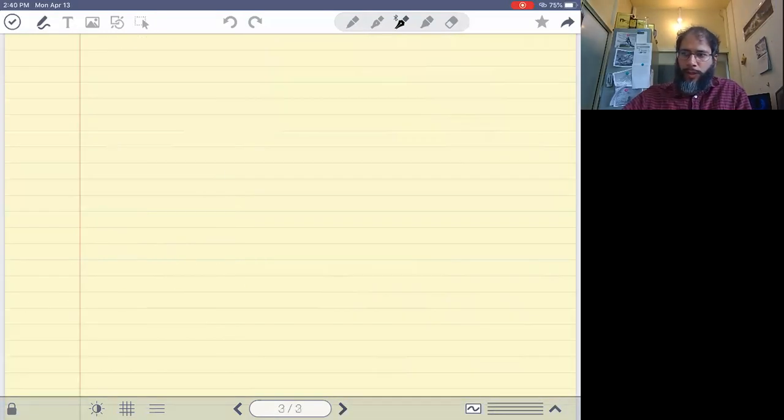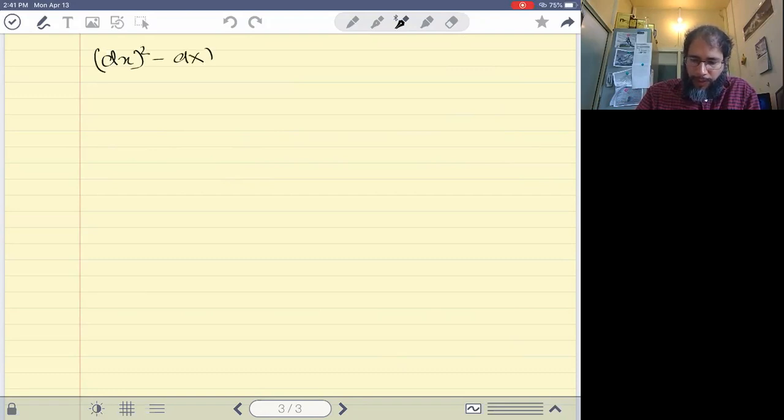And this time I will show you how to use this tensor F to define our strain tensor. So one measure of deformation is d small x squared minus d capital X squared.